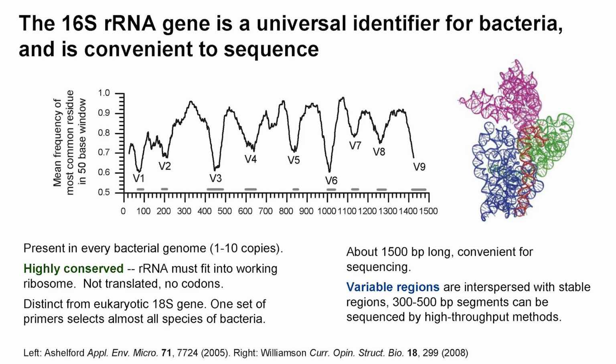And then between the primer sets, this gene has short regions where it's more highly variable. And so those short regions of variability can be used as a fingerprint for the bacteria.